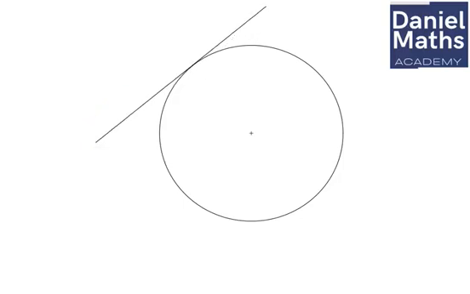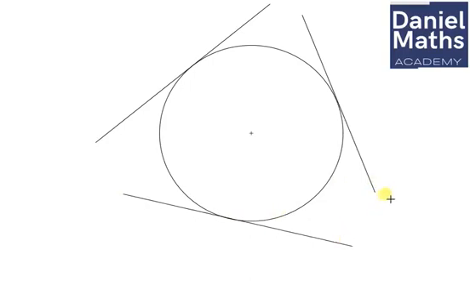Any line that touches the circle at this point could be seen as a tangent. A tangent could also be drawn from this point, and we can also draw a tangent from this point. The tangent will come from any of these points, but it touches the circle.